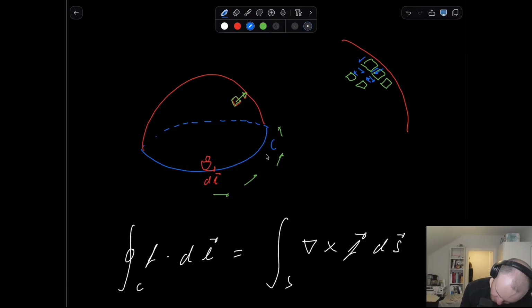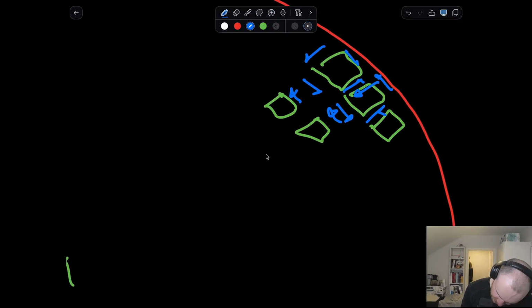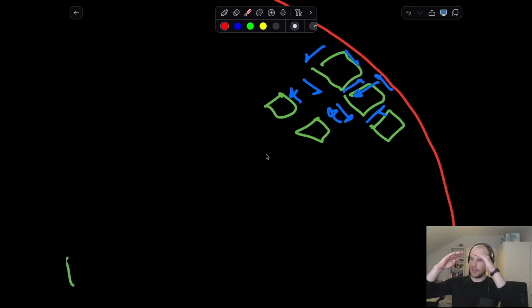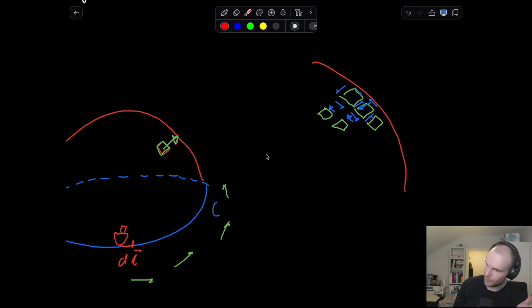Go the opposite, and you will see, of course, again, that only the ones that are actually touching our surface matter. And not only that, those will actually also cancel out because they are lying like this on the surface. I am actually mistaken. It's actually only the ones at the bottom that will survive, right?